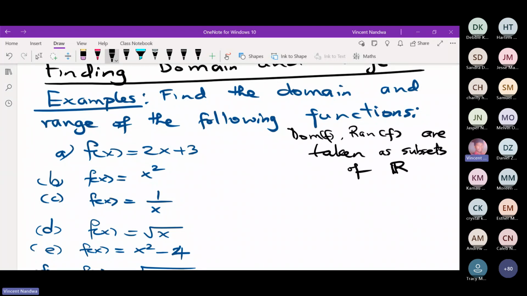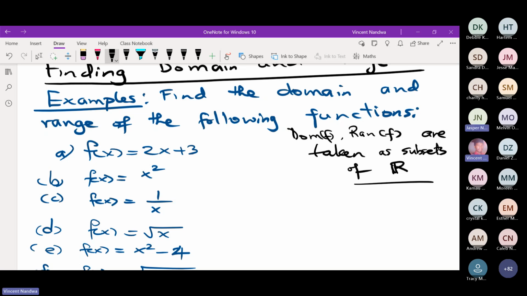So the largest possible subset of the real numbers is what will help us to define the domain and the range of a function. And in so doing, you ensure that you don't leave out any number that qualifies to be within the domain and within the range of the function you have.